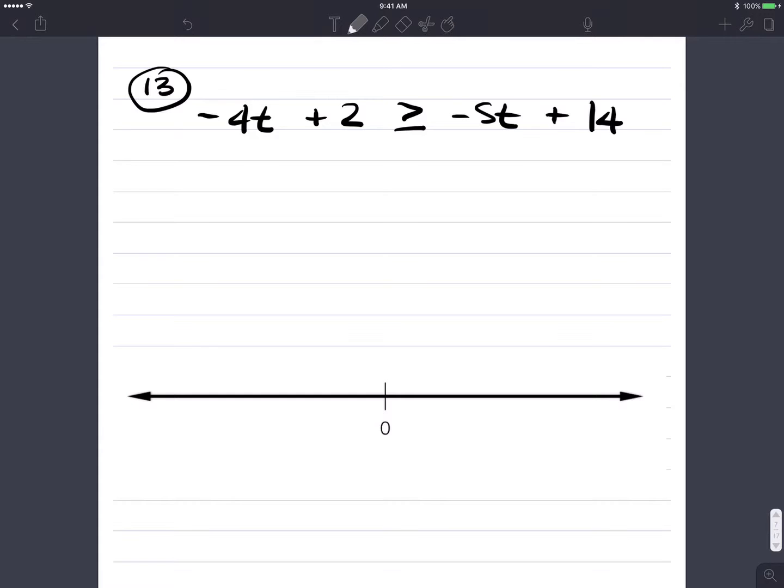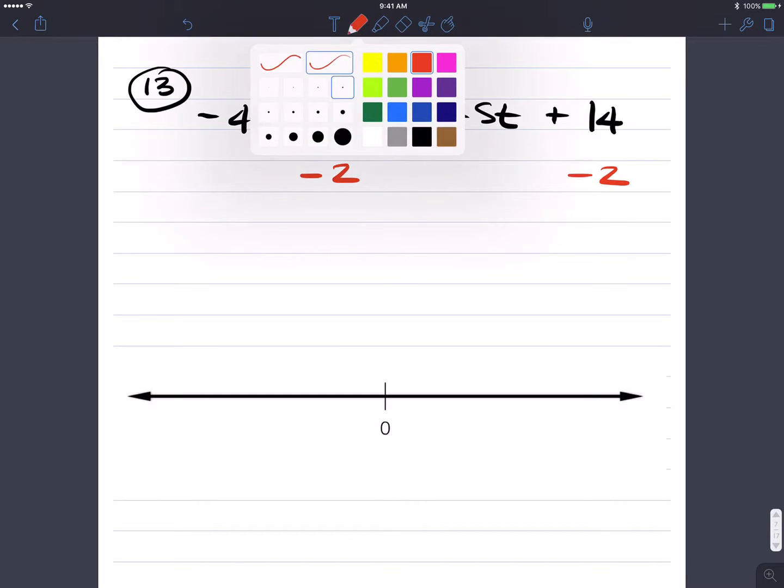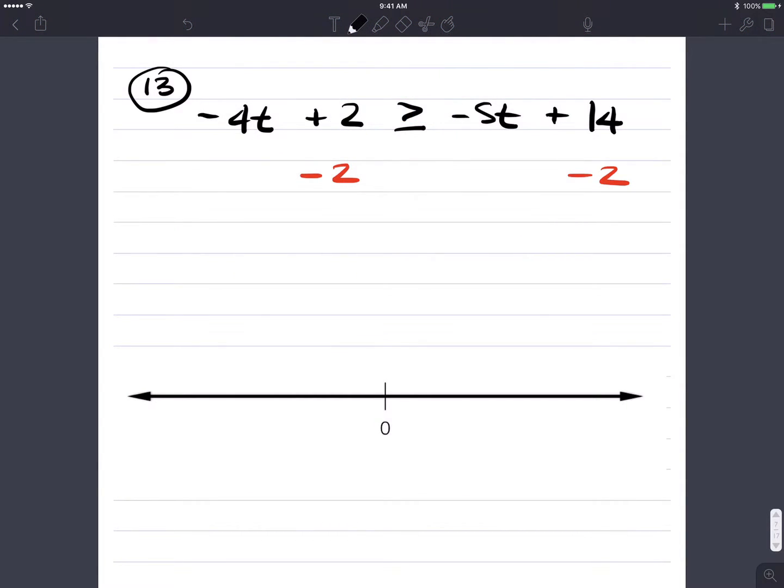Number 13. We're going to solve this linear inequality for t, and then we're going to graph the solution. I'm going to start by subtracting 2 from both sides in order to preserve our balance, and we'll end up with negative 4t greater than or equal to negative 5t plus 14 minus 12, which gives us plus 12.